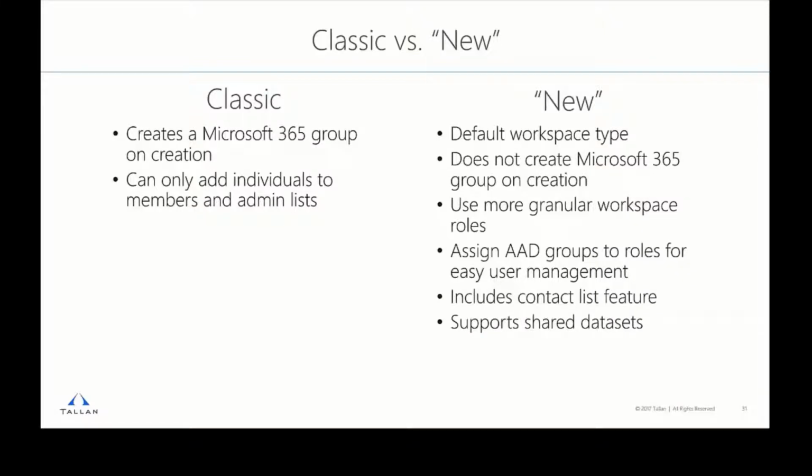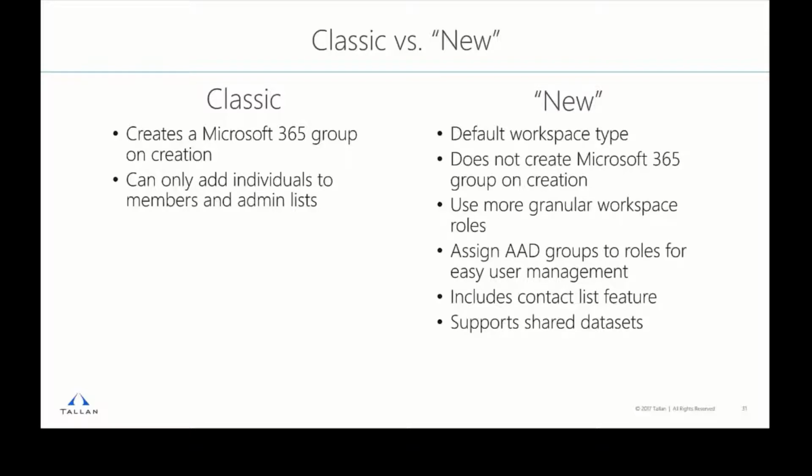Now, another kind of precursor to all of these conversations is making the distinction between the classic and the quote-unquote new workspace. So the classic workspace is actually being deprecated by Microsoft. If you've ever done any reporting on your workspaces, they're referred to as group workspaces.